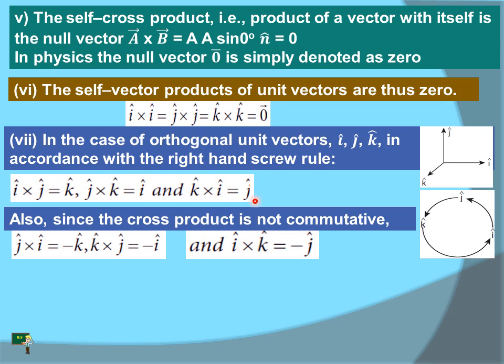These are only in the case of orthogonal unit vectors, and also this cross product is not commutative. Therefore, j cross i is equal to minus k, k cross j is equal to minus i, and i cross k is equal to minus j. You have to understand why it is represented with the minus symbol, the negative symbol, because it has been turned down.